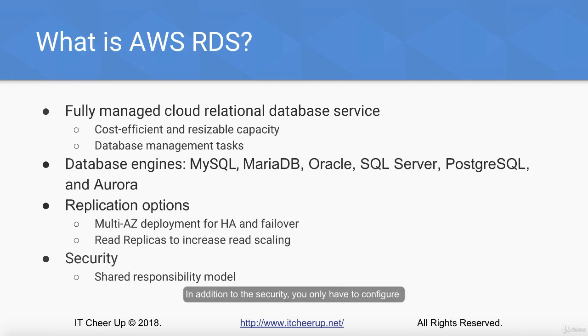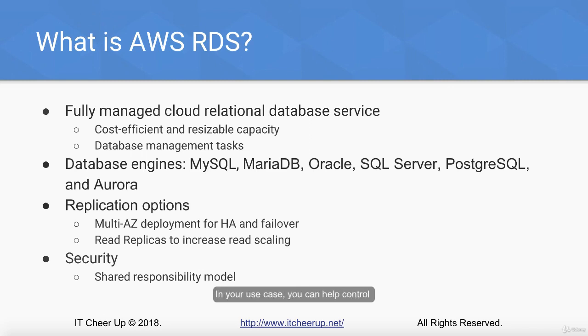In addition, you only have to configure security for your use cases. You don't have to configure security access for processes that RDS manages, such as creating the backups, replicating data between a master and a read replica, or other processes.